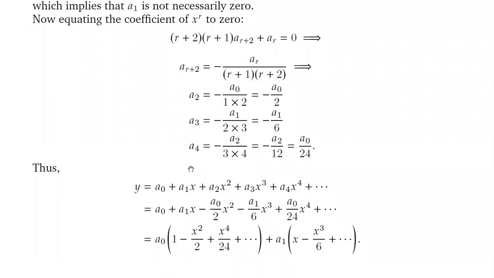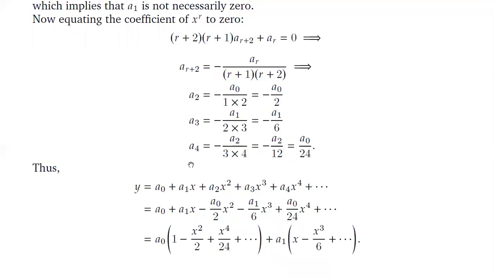Then we can calculate the value of a4. a4 will be minus a2 divided by 3 into 4, but the a2 value is already calculated. a2 is equal to minus a0 by 2. So use that here, and a4 becomes a0 by 24.